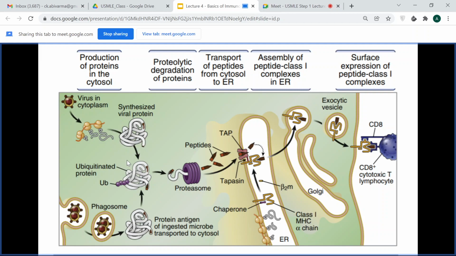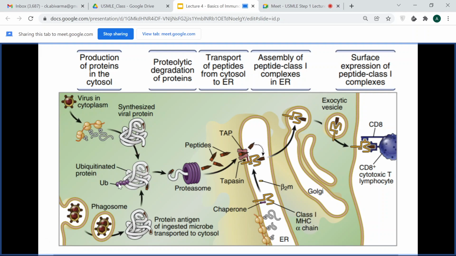So the viral proteins are synthesized, but then in the cytosol itself, the cell is able to recognize that this protein is not ours, or maybe there was some mistake in the viral protein, and it gets ubiquitinated.